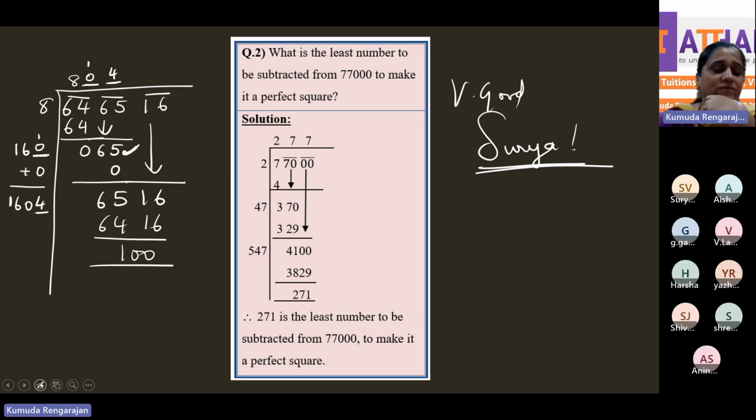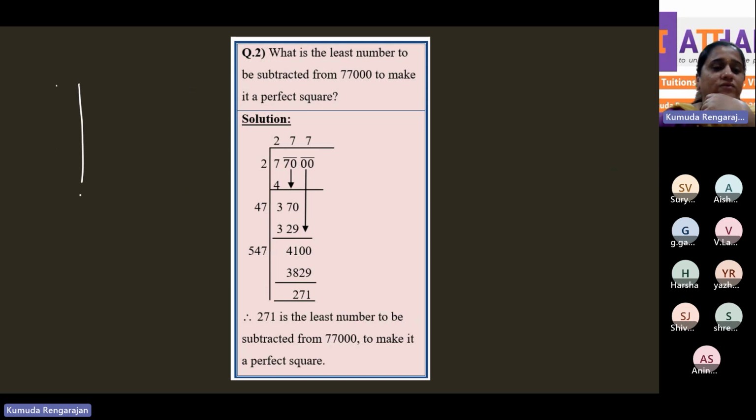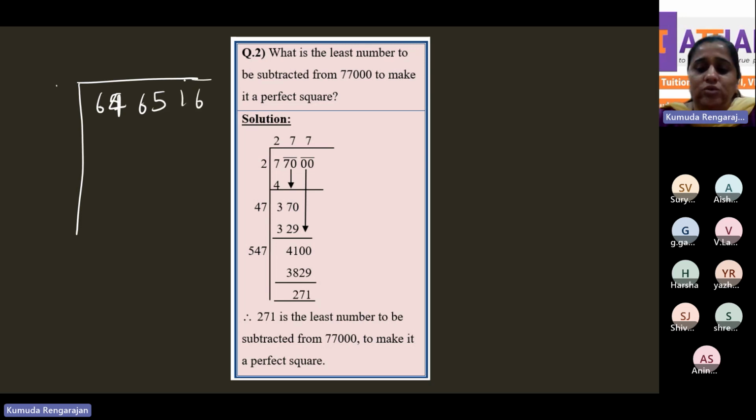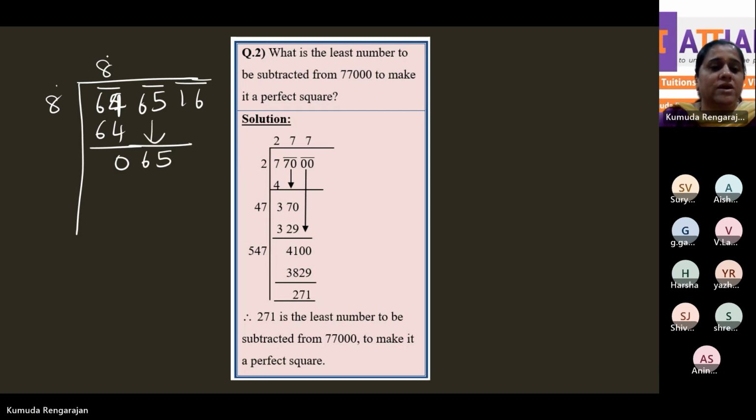Okay, let me work it again for you. 646516. We need to pair from behind like this. 8 8s are 64. 0 is the remainder. Bring the next pair down. Double the quotient and place that number here.